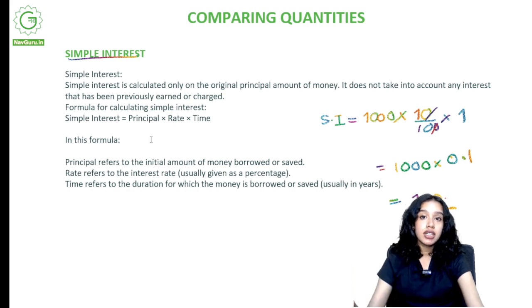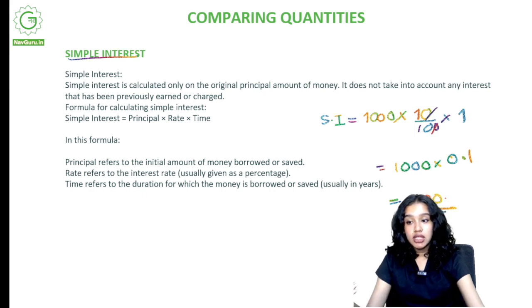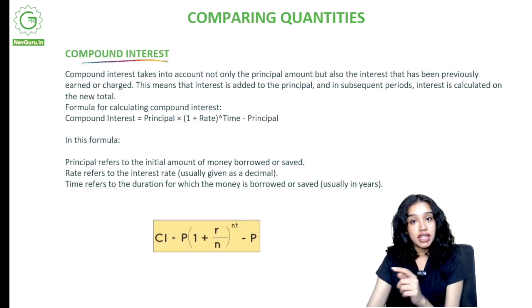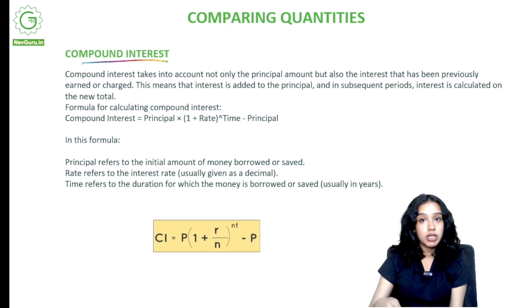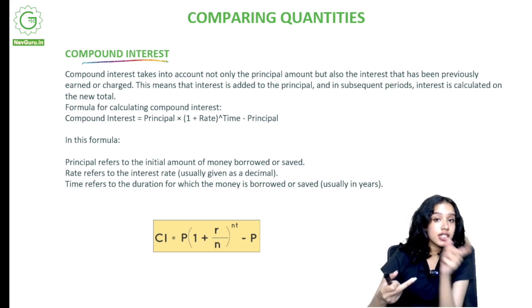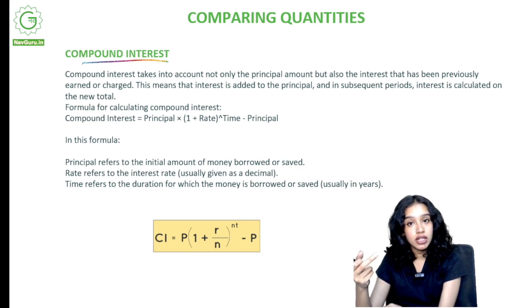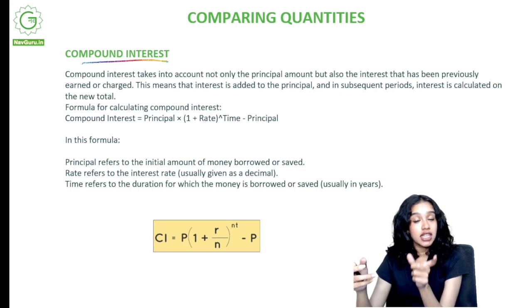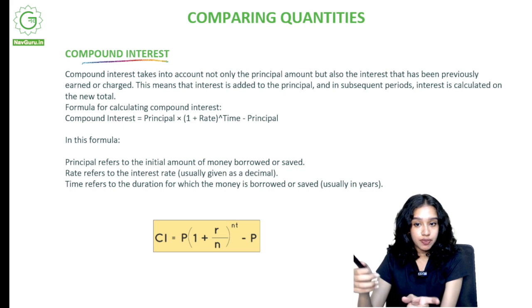So after 1 year, our principal amount becomes 1100, right? Then we get the interest for that 1100 rupees. And then again, after 1 year, we add the interest back to the 1100, and then we find the interest of the whole amount of money.